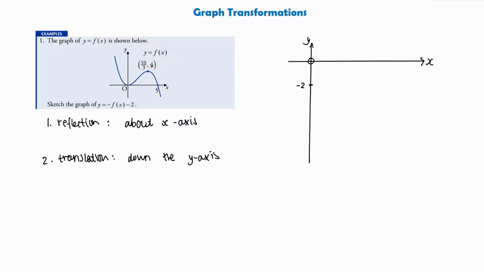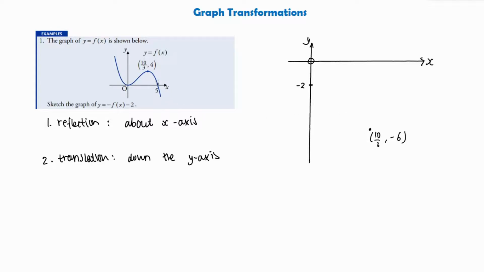So instead of (10/3, -4), it's going to be (10/3, -6). So let's pop that in somewhere about here, it doesn't have to be exact. And we'll just label it (10/3, -6).